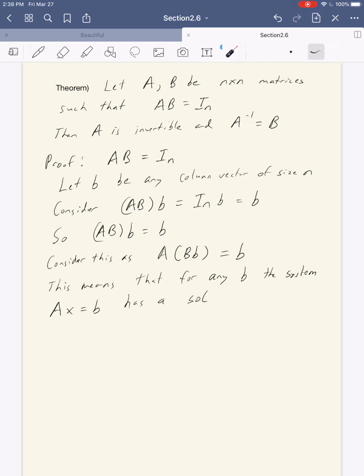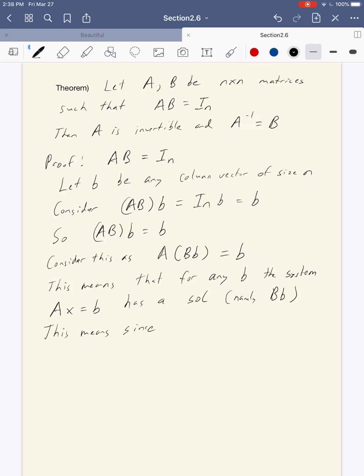So this system has at least one solution, namely B times little b. What we've just figured out is that any system involving this matrix A as coefficients, no matter what this b value is, will always have at least one solution, namely Bb.